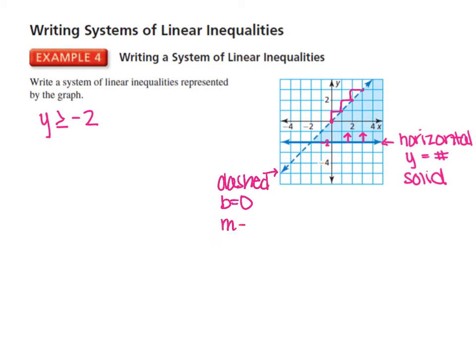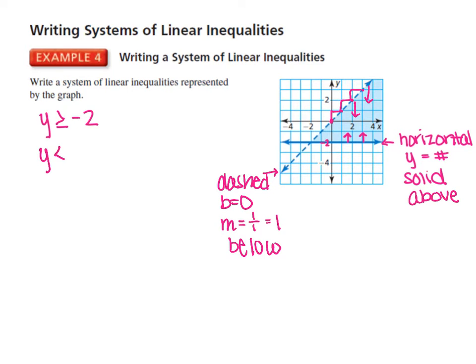So the slope is 1 over 1, which is just 1. And finally, the shading is below that line. So how can I write that inequality? Well, I would write y is less than, but not equal to, because it's dashed.